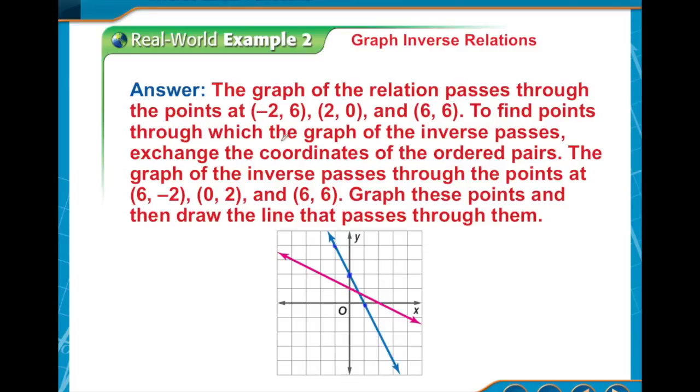So any points that you pick, and in this example, they could have picked any points, but they chose these that the line fell on, and switched the order of these points. Notice this point, -2, 6, became 6, -2. Now when they switch the order of these points and then plot that new line, that's how we get the inverse line. So say I pick these 3 points here.